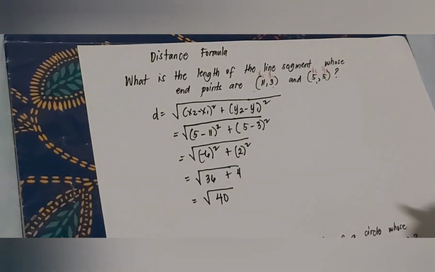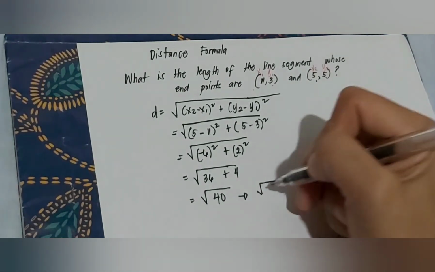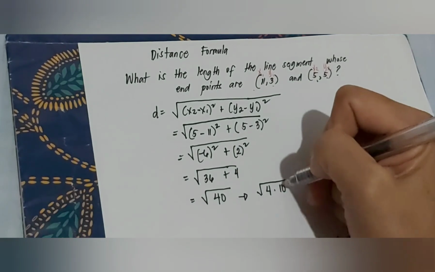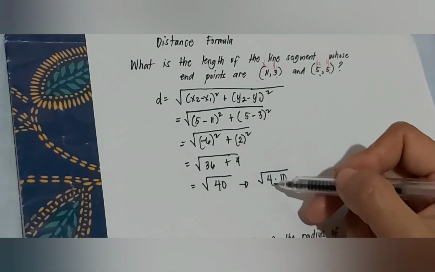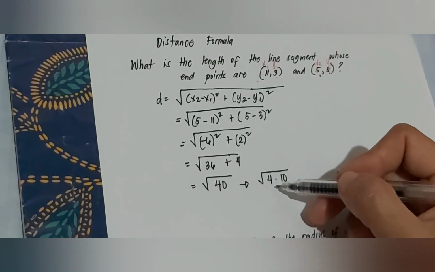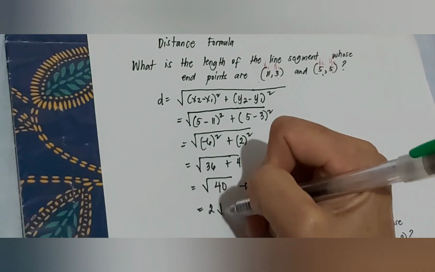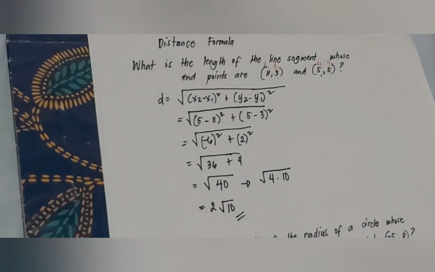40 is not perfect square, but we can express it into factors. Which one is a perfect square? 4 times 10 is 40, right? And 4 is perfect square. So let us extract the root of 4. Square root of 4 is 2. So the answer is 2 square root of 10. This is the answer.